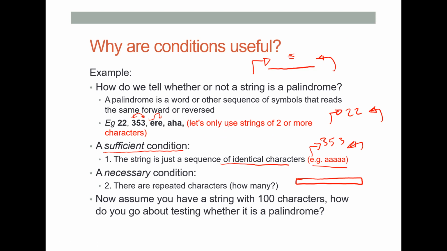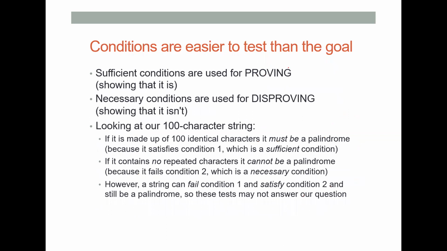How do you go about testing whether it's a palindrome or not using conditions? If you find that it's a string of one character being repeated, this is a sufficient condition, so it's a palindrome.